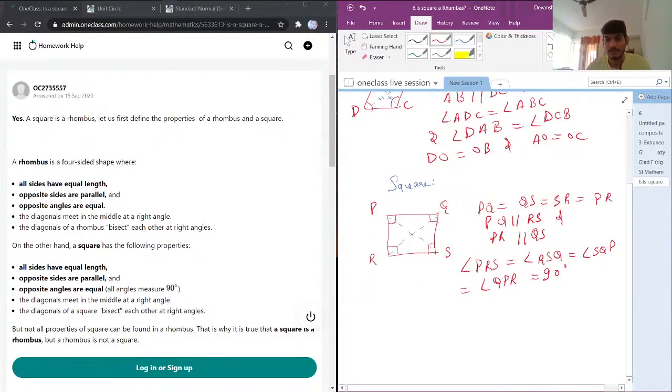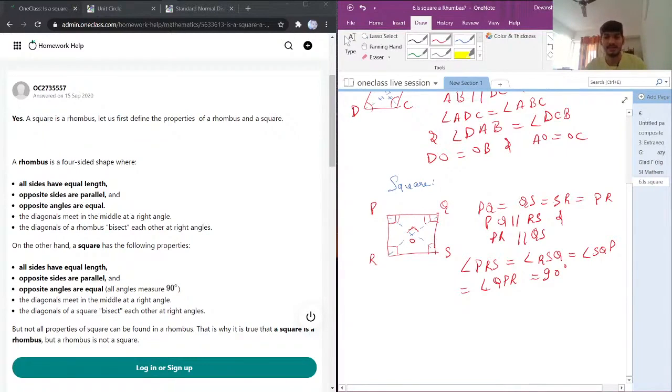And again, in a square also, the diagonals bisect each other. I'll write this point as O. So in the square, the diagonals bisect each other at 90 degrees. With basic maths, we can tell that this angle is 45 degrees, this angle is 45, and this is 90.